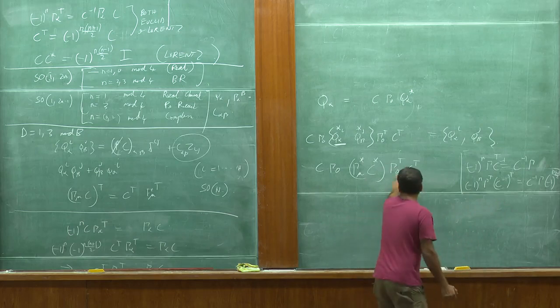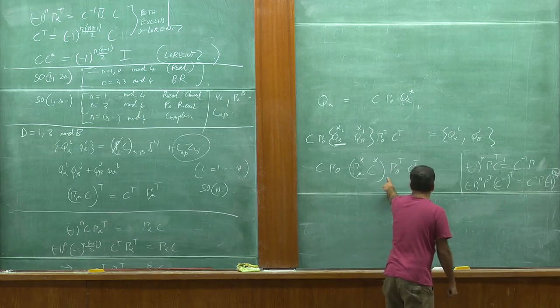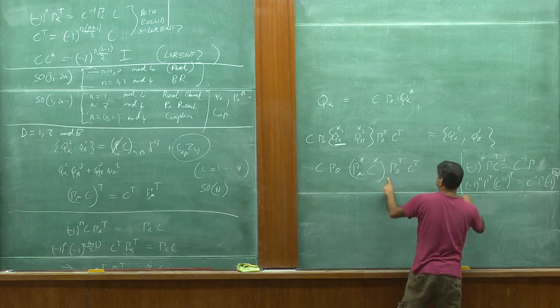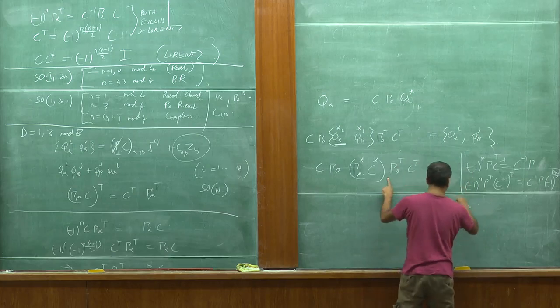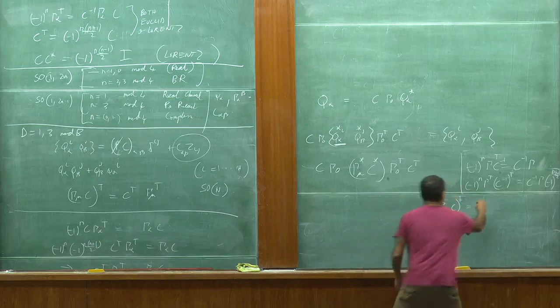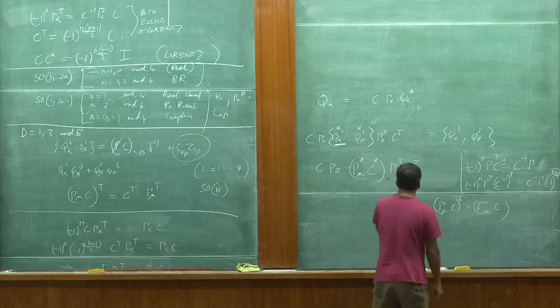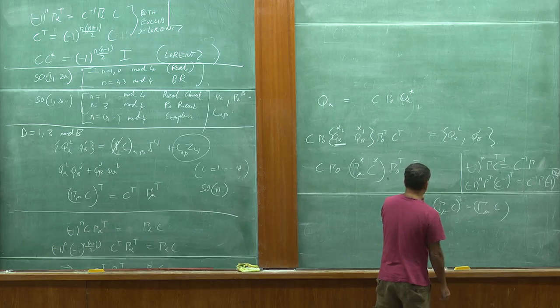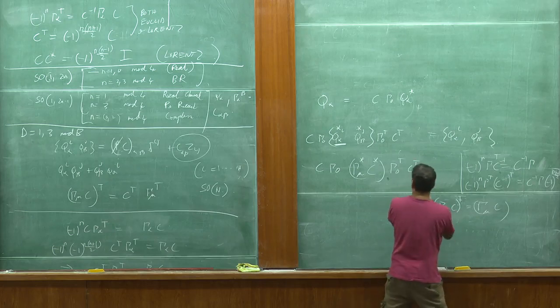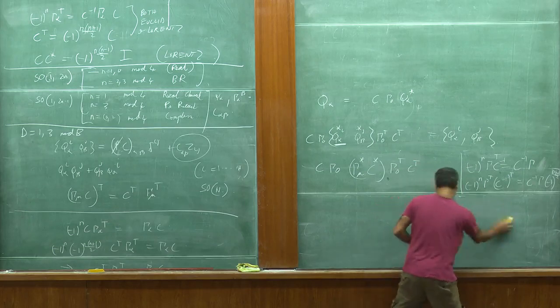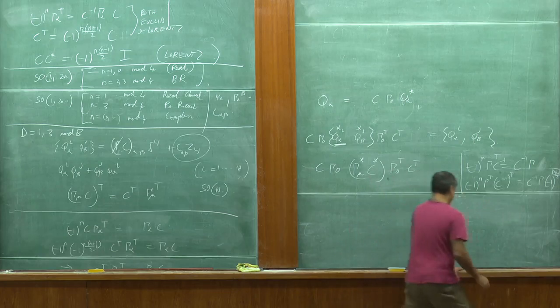I just want to take this through correctly. What you proved is that the full transpose of gamma mu C is gamma mu C, and then it reverses. So this is like C gamma mu. Let me just do it, we'll go through it slowly.